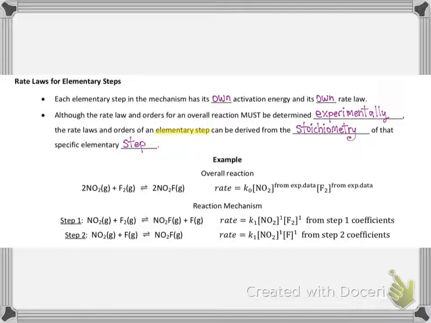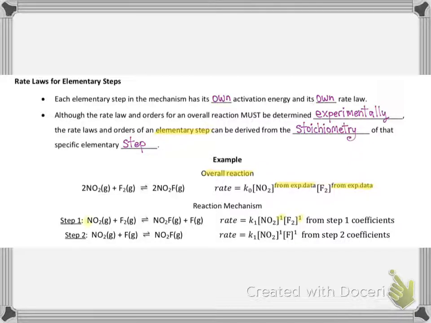So when you're writing the rate law for the overall reaction, the order with respect to NO2 and the order with respect to fluorine gas come from experimental data. But if you are looking at an individual reaction mechanism for each step, notice I can write the rate law for each step, and when I look at my coefficients, they become the exponents.